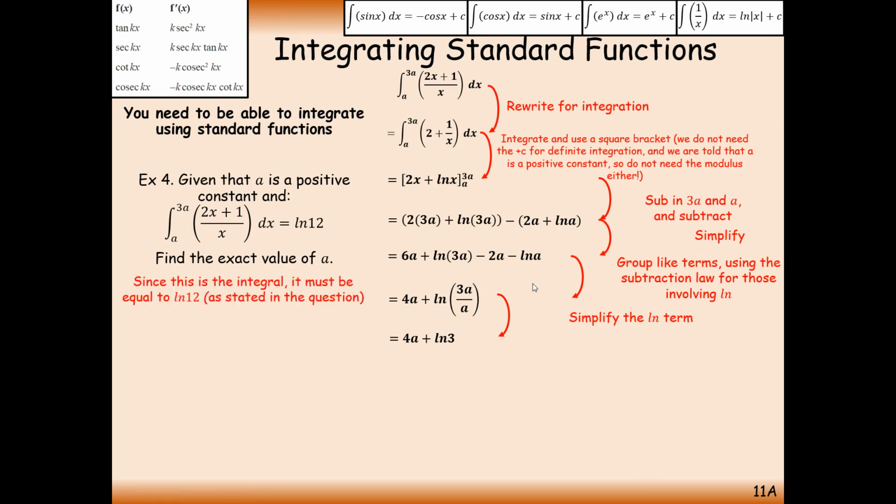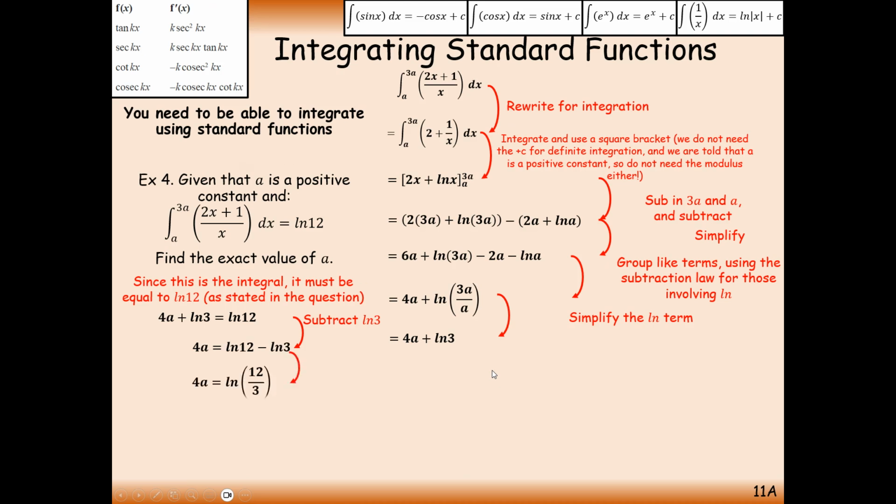Now we've been told the answer to this integral is log of 12. So we work backwards from the answer to solve for a. We equate this 4a plus log 3 to log of 12, and with logarithm rules you can subtract log 3 from both sides. That means dividing 12 by 3, which is 4.